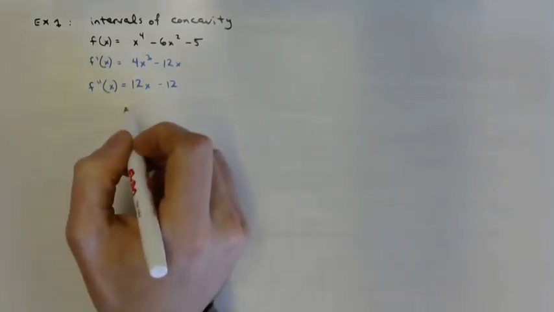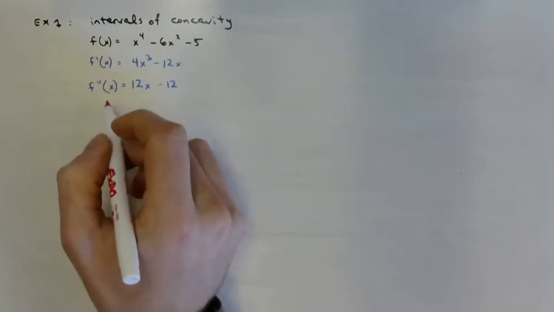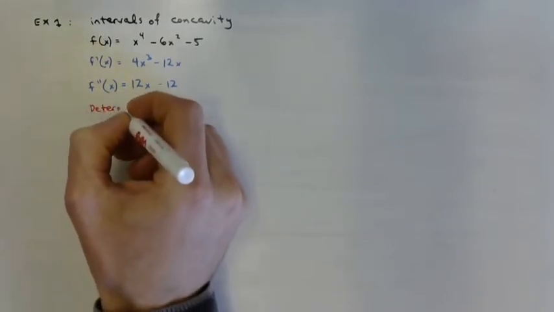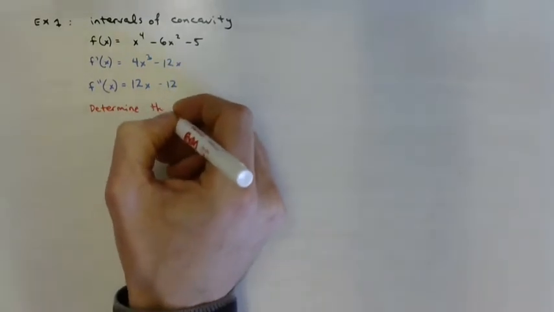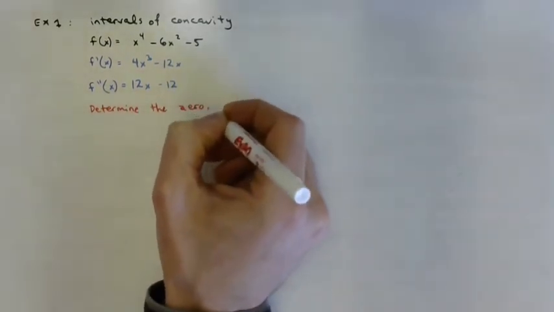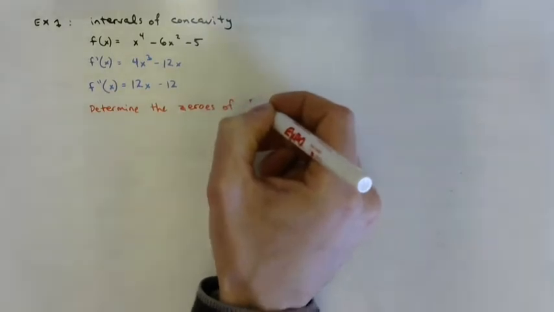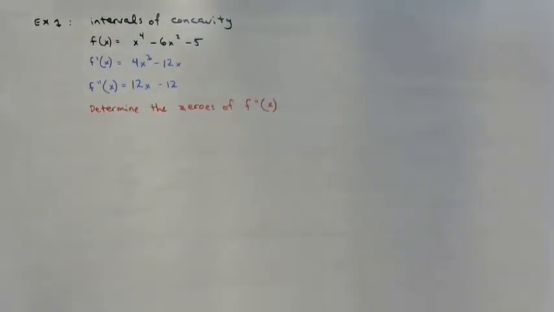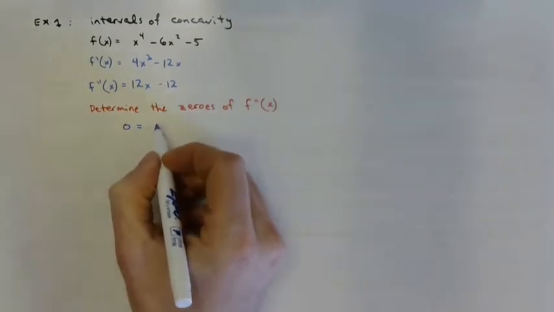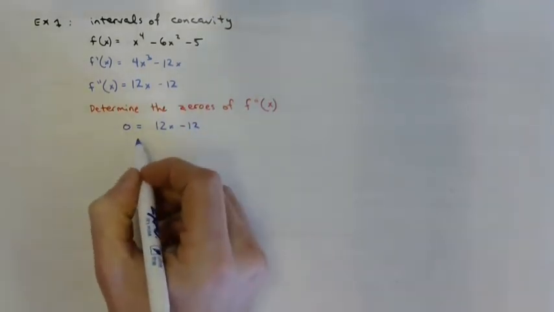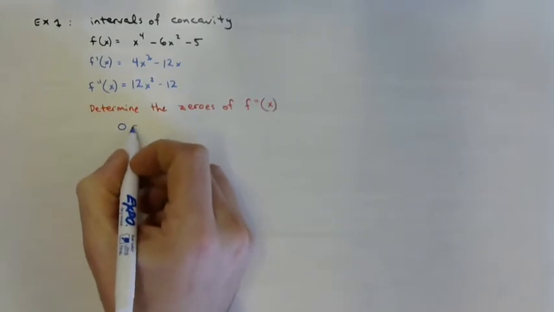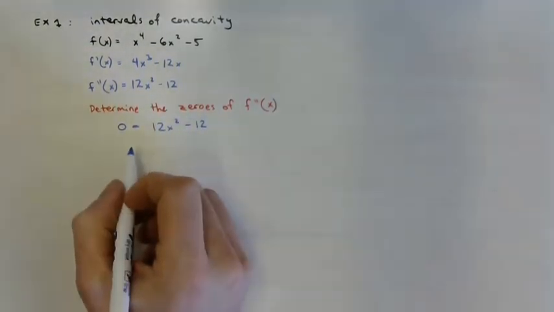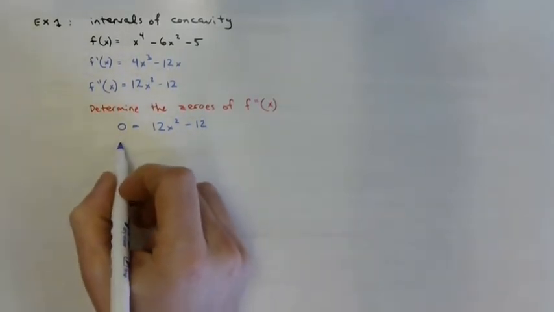Now in order to determine the zeros of this, that's going to give us our intervals. So we're going to determine the zeros of f double prime of x. How do we do that? We set this equal to 0, and we factor. We factor out the 12 here.